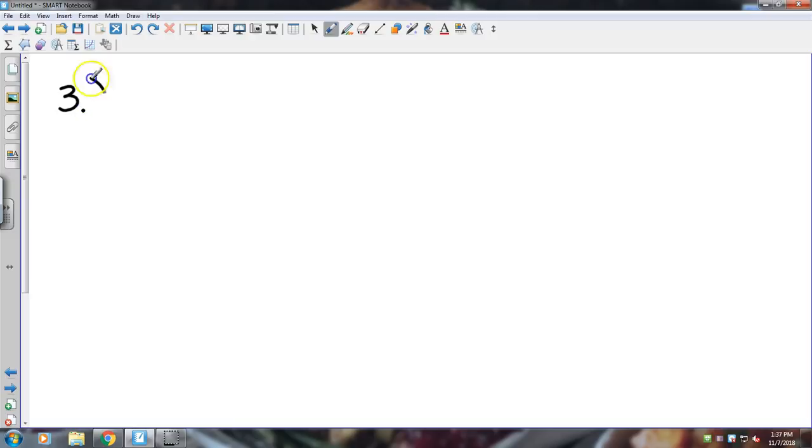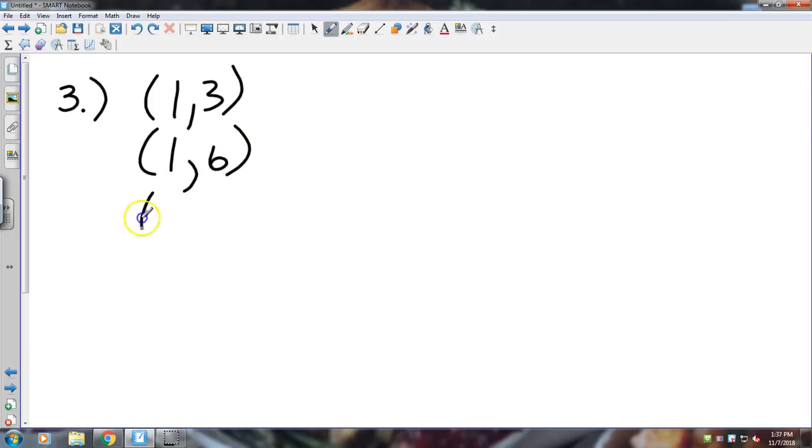Question number 3. I would advise you, if you get one of these tomorrow, to actually put the coordinates. Okay, so my coordinates for this one are 1, 3, 1, 6, and 5, 8. The reason I would ask you to put those down is because some of you will look at the inputs and you'll say, oh, all the x's are different.